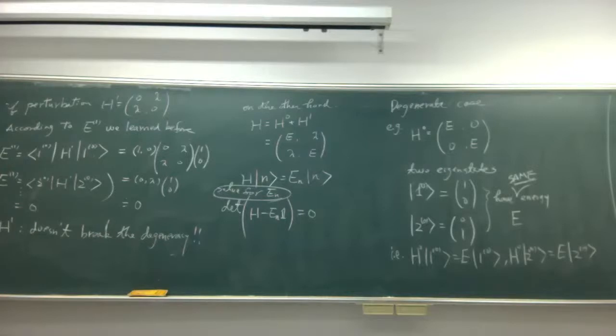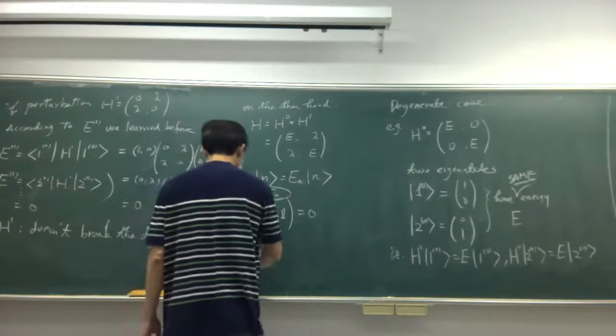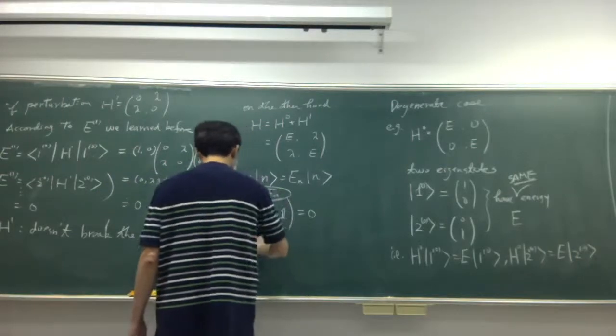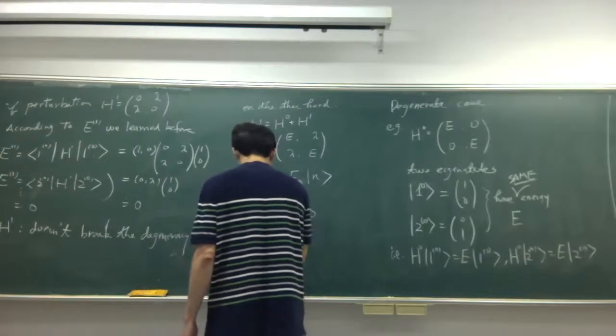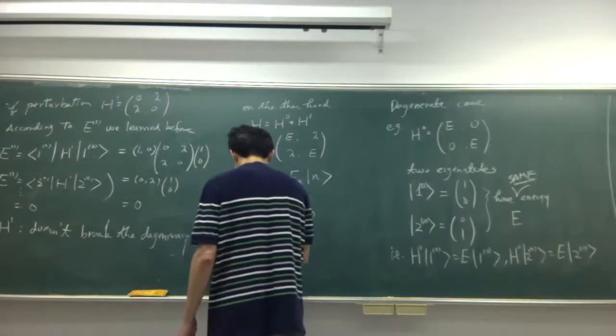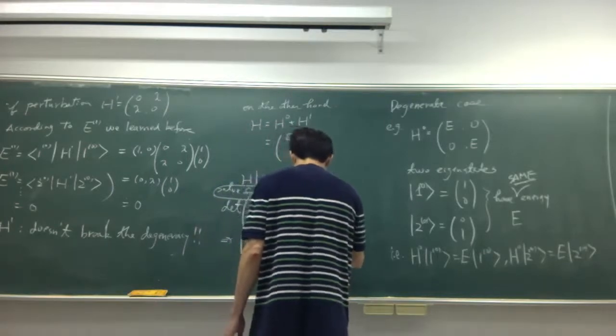This is easy because it's 2 by 2: E minus En, lambda, lambda, E minus En equals 0.